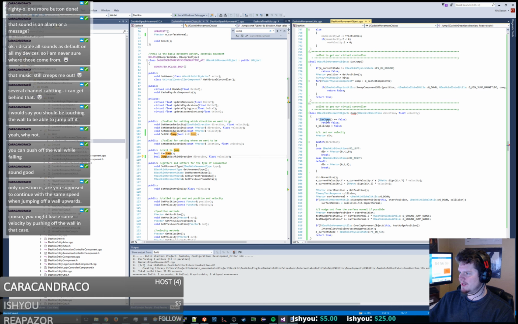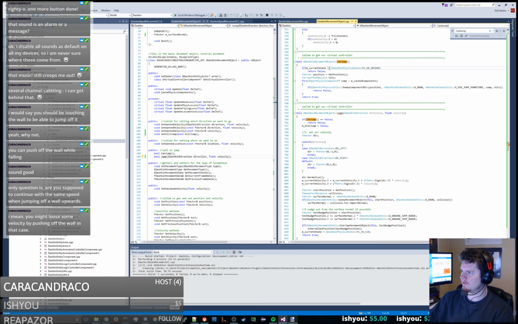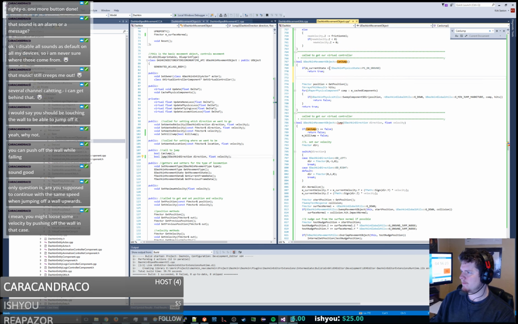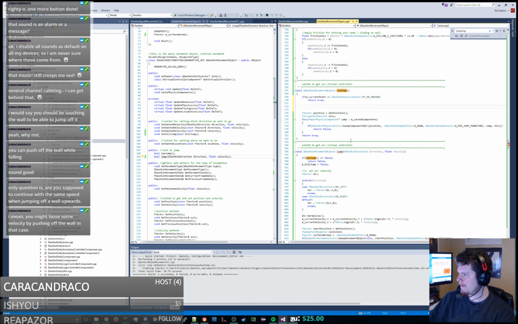Alright, so what we should do is if can jump. So basically what we're going to do is if we're on the ground, then return true. No, that's not true.